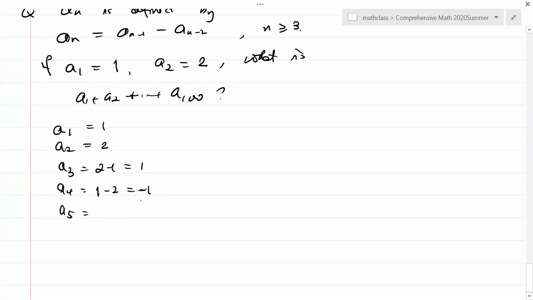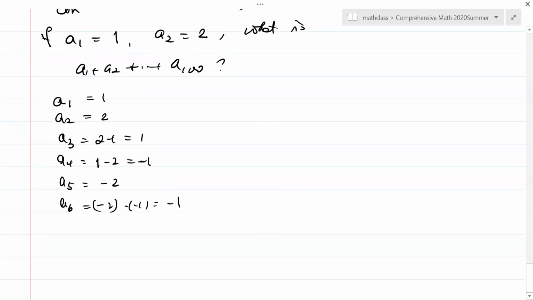a5 is the difference of these 2, -1 minus 1, -2. Okay, a6, -2 minus -1 will be negative 1. Okay, well, so far that does not look good, right? So you see, 1, 2, 1, -1, -2, -1.